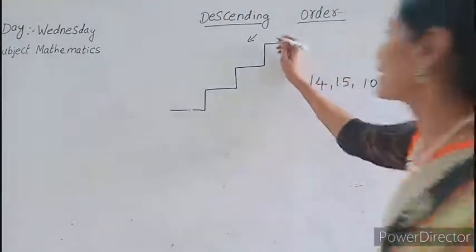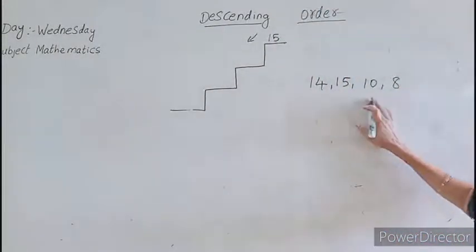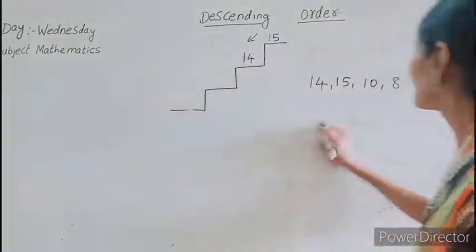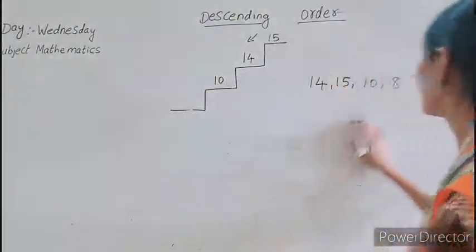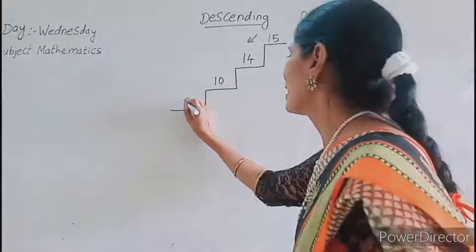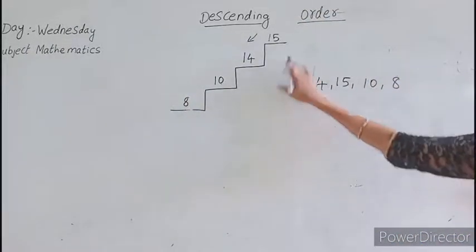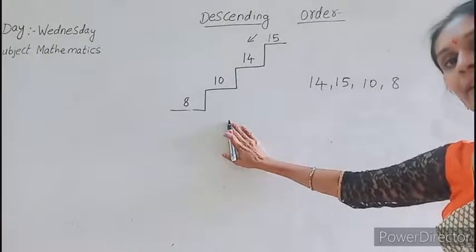That is 15. Then 14. Then 10. And the last one is 8. This is called descending order, greatest number to smallest number. I think you have understood.